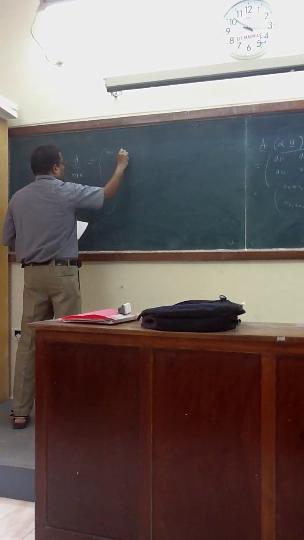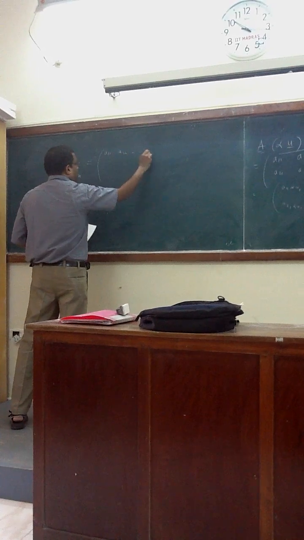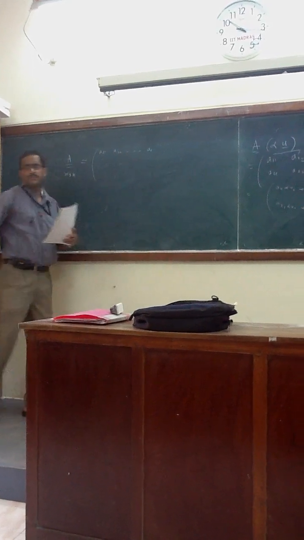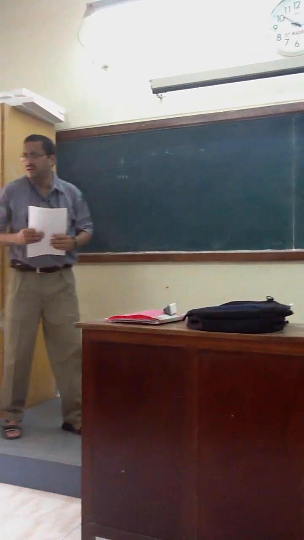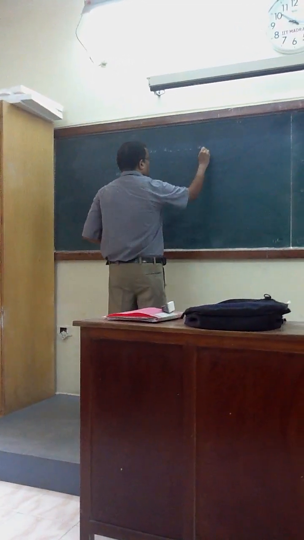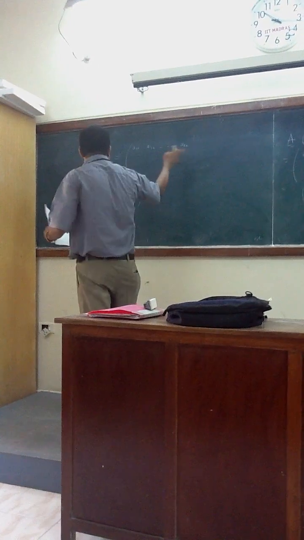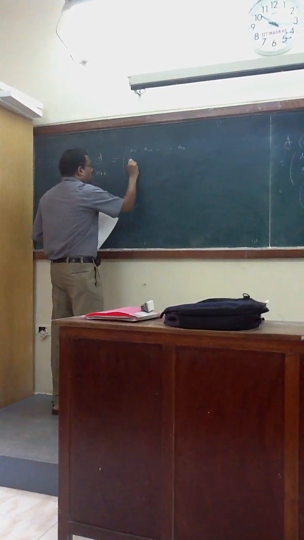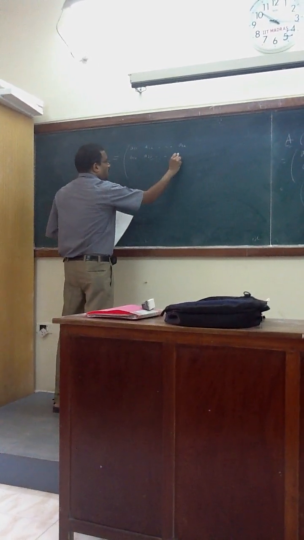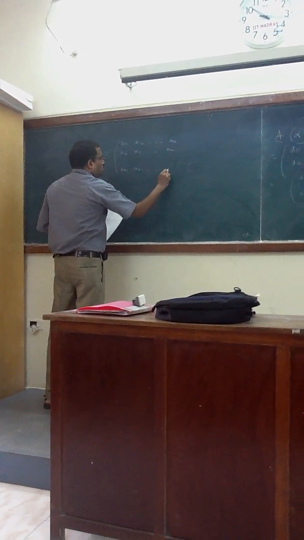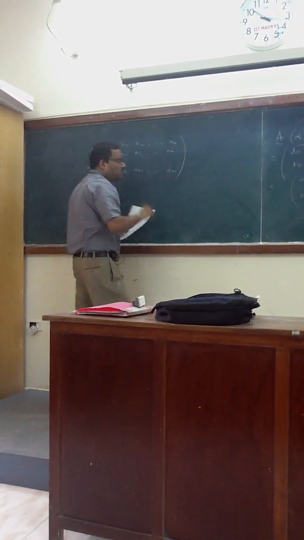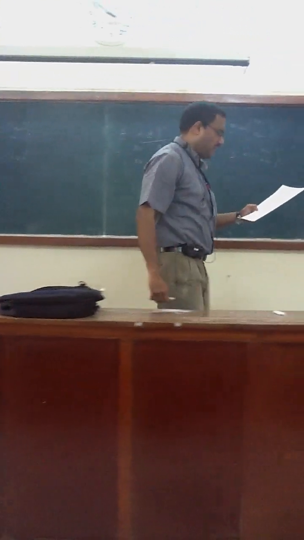So A11, A12 up to what? A1n. Okay? N columns. A21, A22, A2n. Am1, Am2, Amn. This is the way we write the matrices. This is the way we have learned in school.